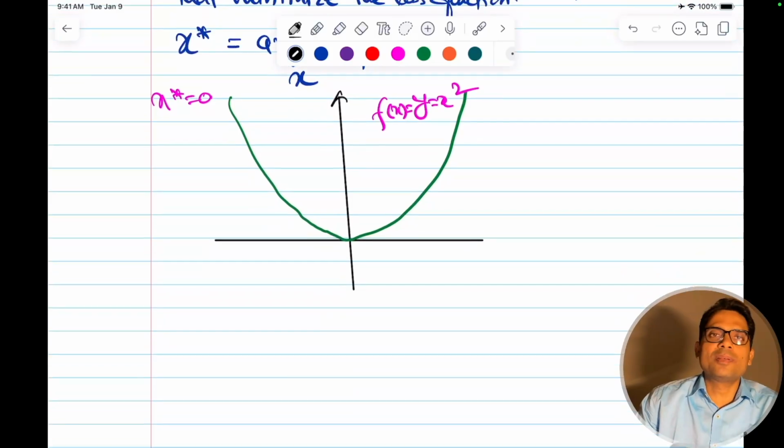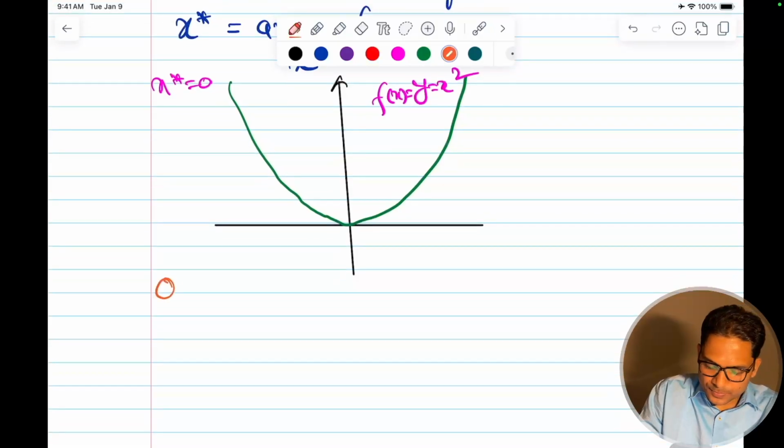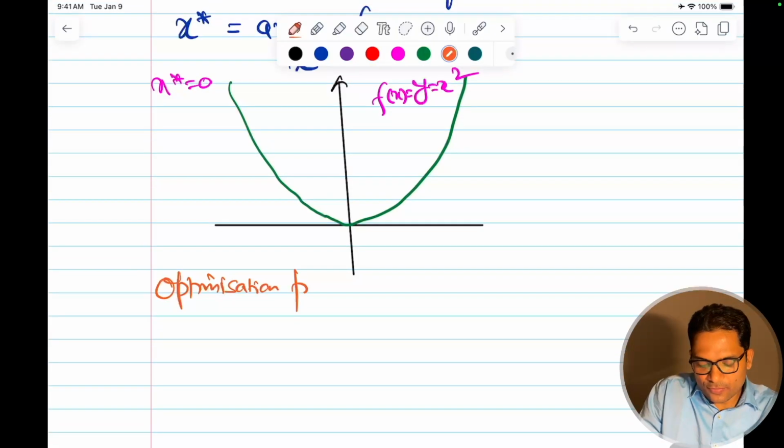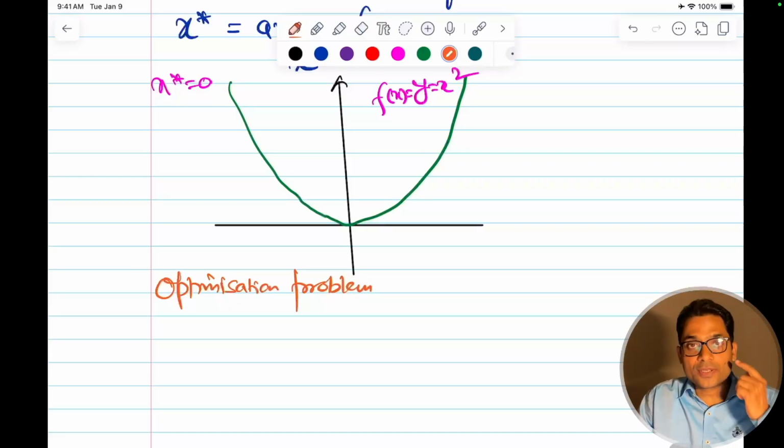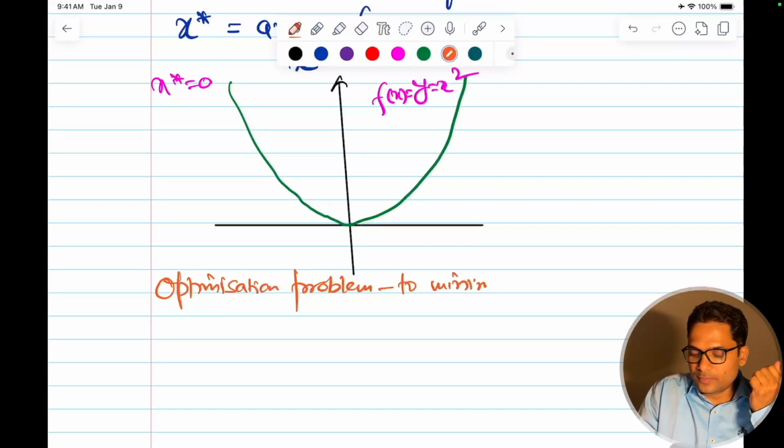So my optimization problem is to minimize the loss. We have formalized this loss function as an optimization problem. How will we write this mathematically?